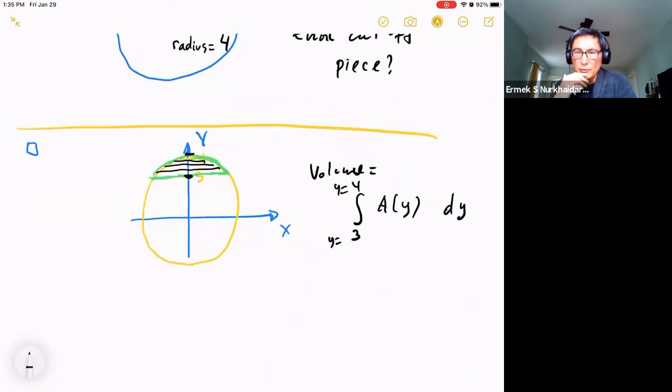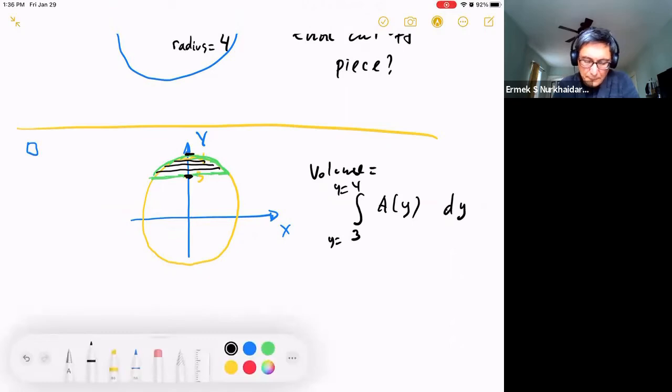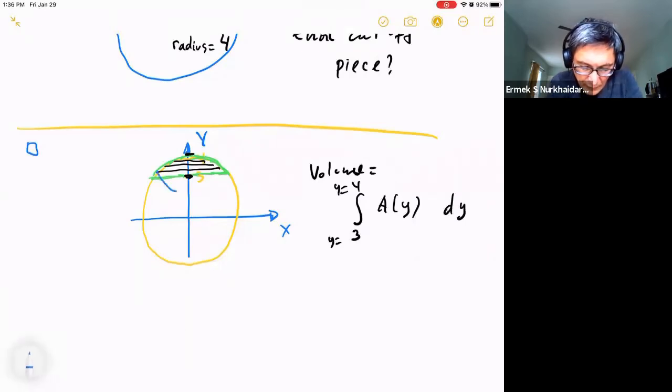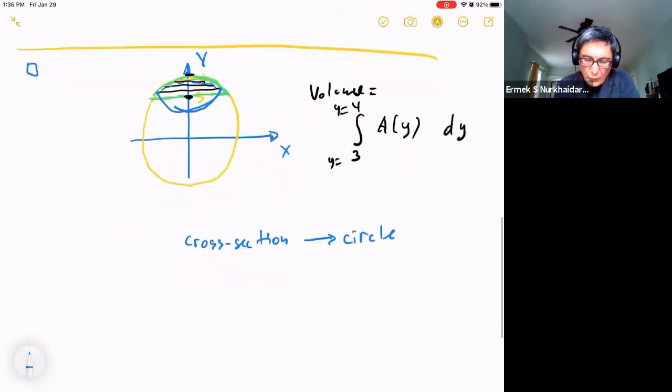So let's look at the cross section. Let's visualize the cross section. Let me try to use blue. You see the cross section, it's kind of popping up if I pop it up and make it three-dimensional. So the cross section is going to be a circle. So area is going to be pi r squared.